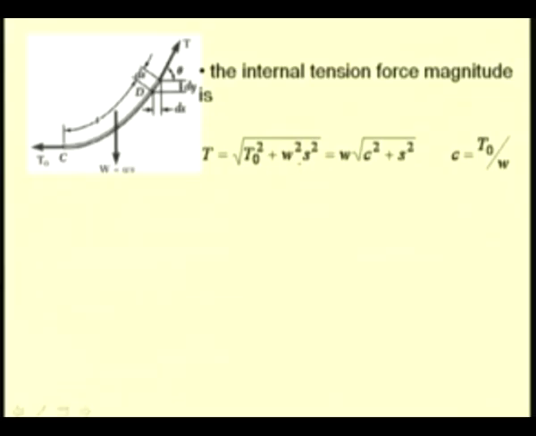Now, if we write T naught by W as C, then this can be rewritten as W times root of C square plus S square, where C is the ratio of this horizontal tension to the uniform weight W. So, this is obviously from this force triangle.